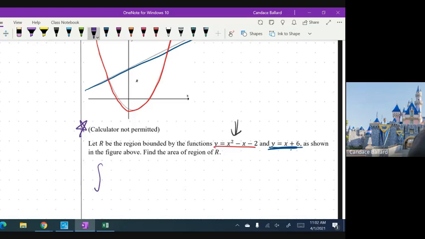We know we've got to use our top function, which is the blue one, so I've got to do x plus 6, and then I've got to subtract the red one, the x squared minus x minus 2. Hopefully you're noticing that the parentheses around that are very important because the negative means I have to distribute it through. And then there's a dx at the end. But I'm missing something because this has to be a definite integral.